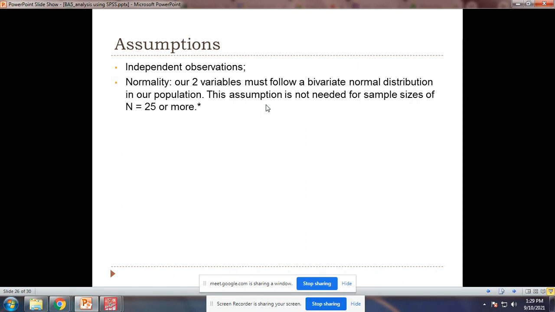And the second assumption that we have to take into consideration is normality. This assumption is not needed when the sample size is 25 or more. Only when the sample size is less than 25, then we have to do the normality test. You just need to remember that these are the assumptions that you need to make whenever you are running the correlation test.